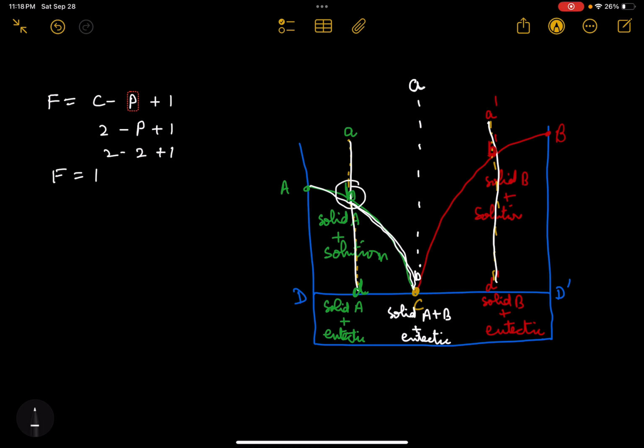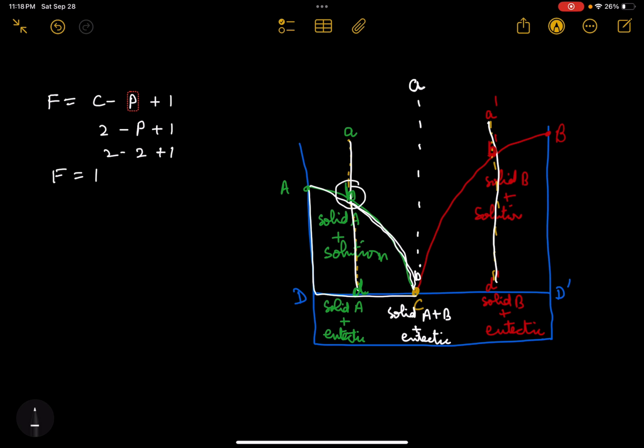In the region A, C, D, solid A is in equilibrium with the solution of varying composition given by the curve AC, which depends on the temperature.